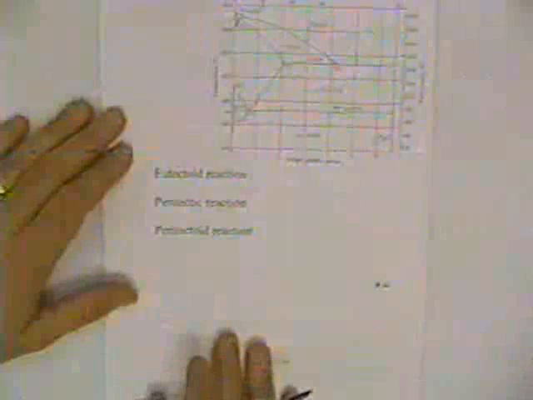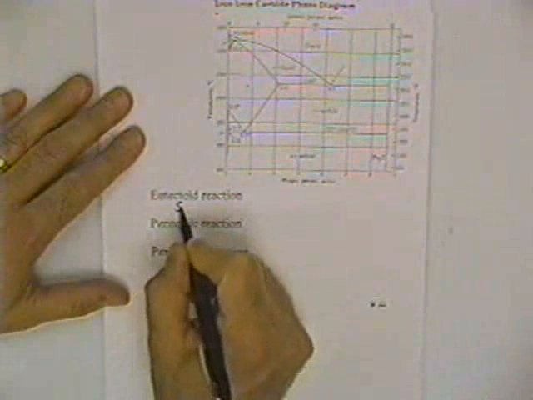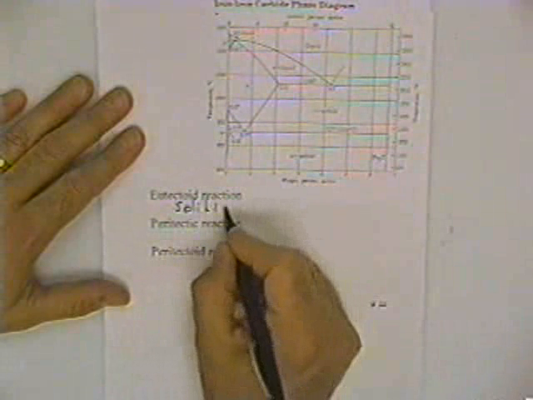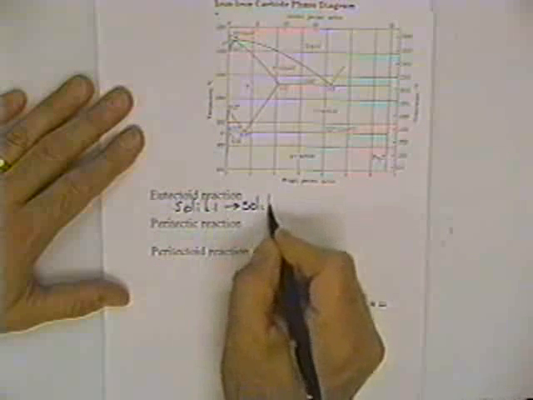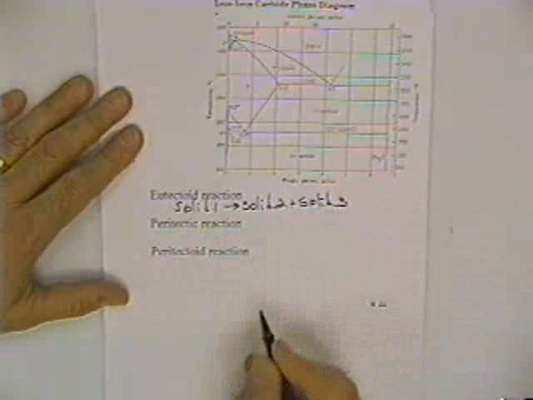Let's go ahead and take a look at the iron-carbon system, because this is probably industrially most important. And there's a couple of additional phase reactions that are useful to know. One is the eutectoid reaction, where you have a solid 1 going to solid 2 plus solid 3.